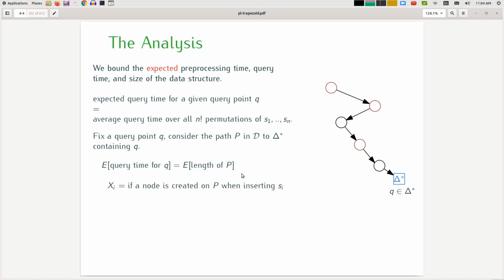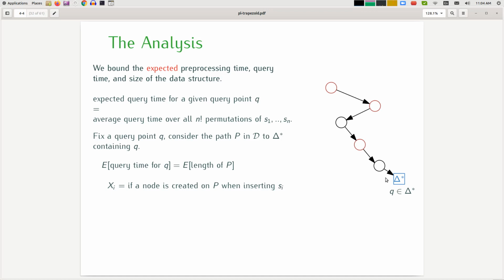Then we can create a random variable xi, and this is defined in the following way. We say xi is 1 if, when we insert segment si, a new node is created on this path. Remember that the definition of xi is with respect to the query point q. Since we have fixed the point q, this makes sense.